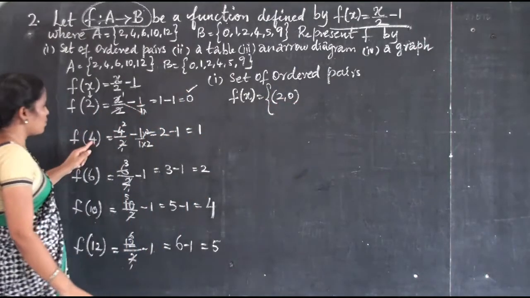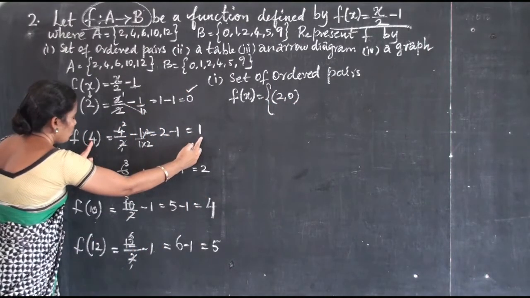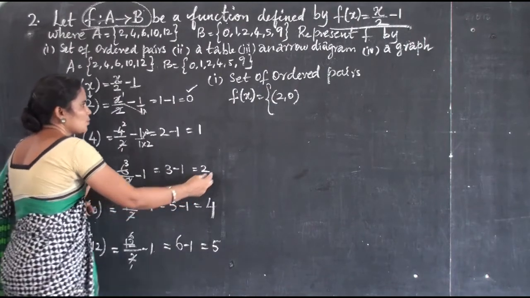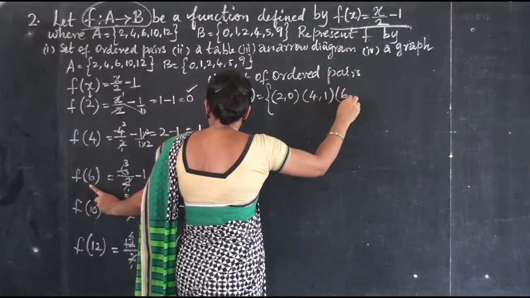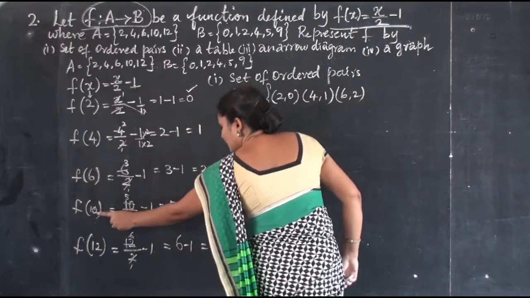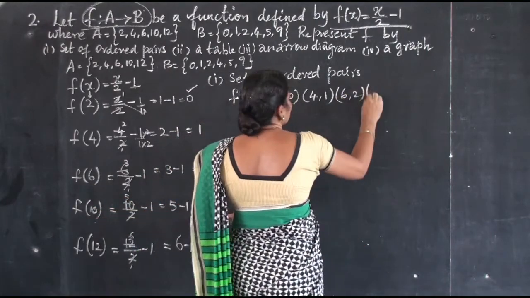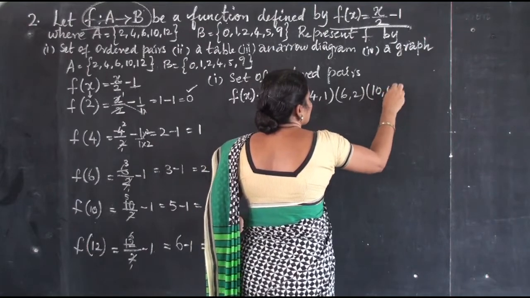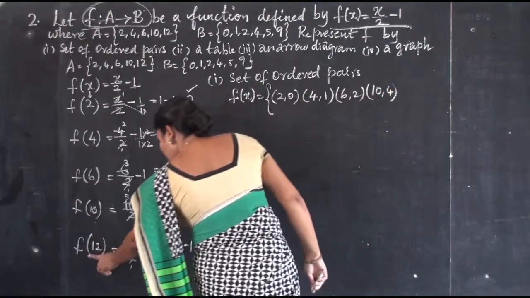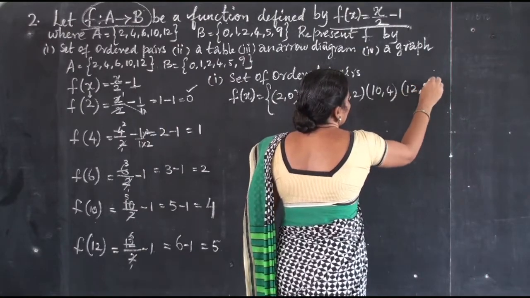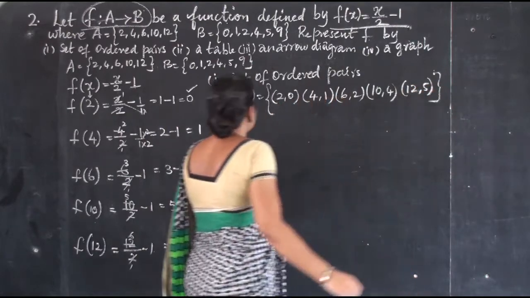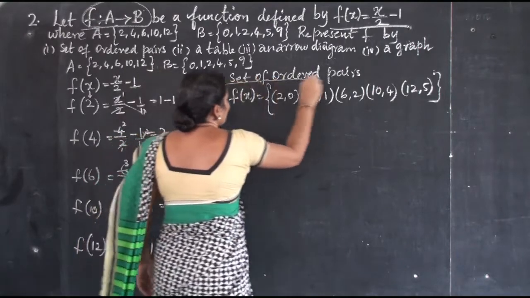Then 4 comma 1, 6 comma 2, and then 10 comma 4. Then for 12 we get 5. Okay, that's all for the set of ordered pairs.